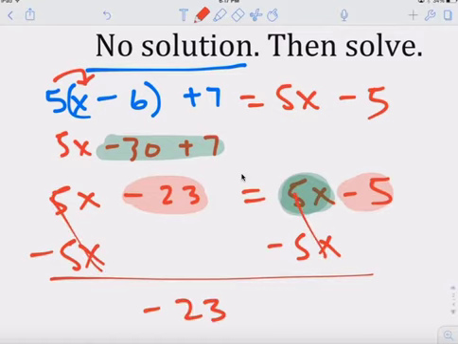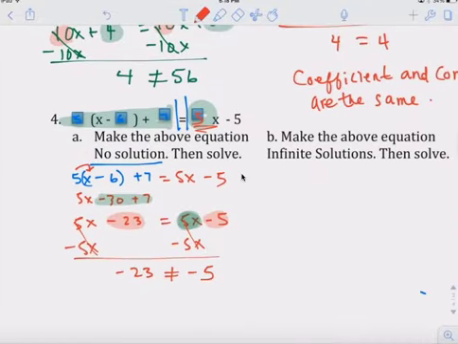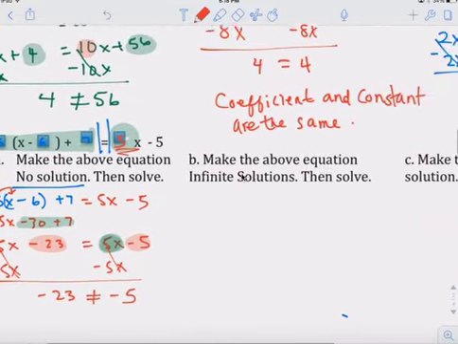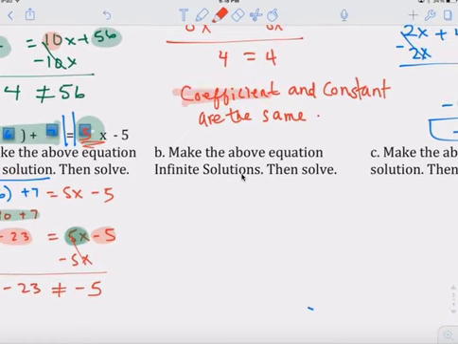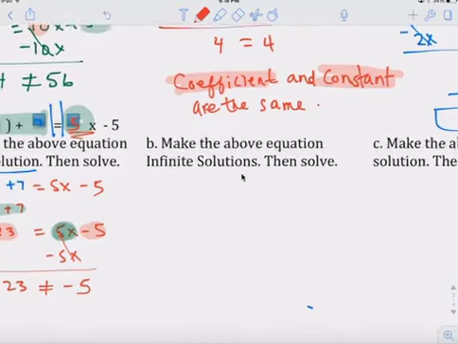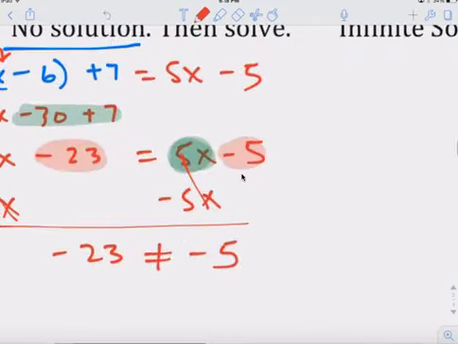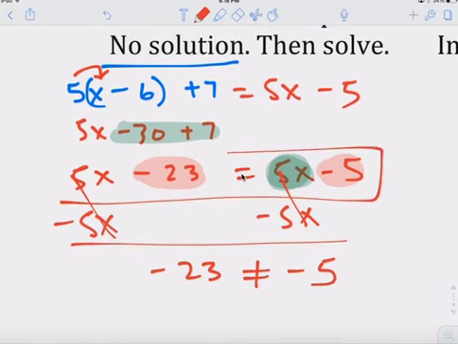Negative 23 does not equal negative 5. Okay? Remember to use the words coefficient and constant, though. I'm going to test that vocabulary because I'm going to have you explain why. How do you know at this point, right here, that this is going to be no solution?